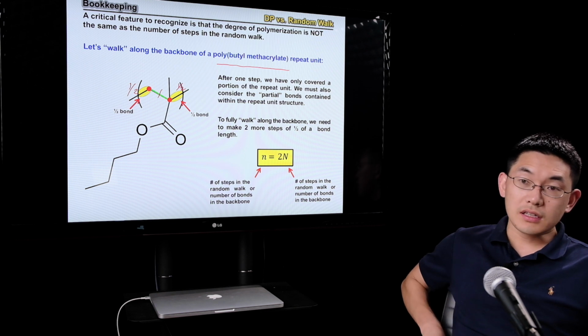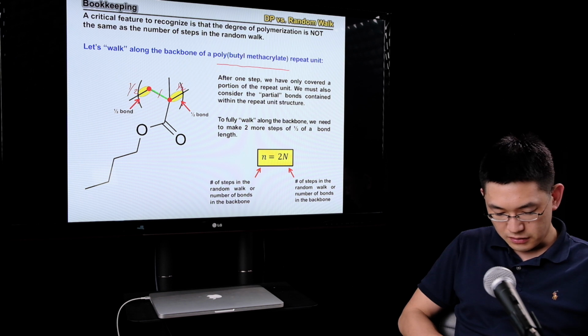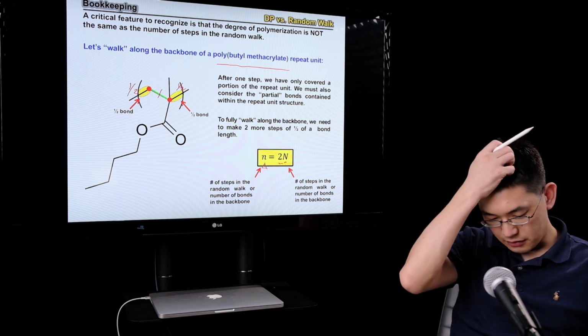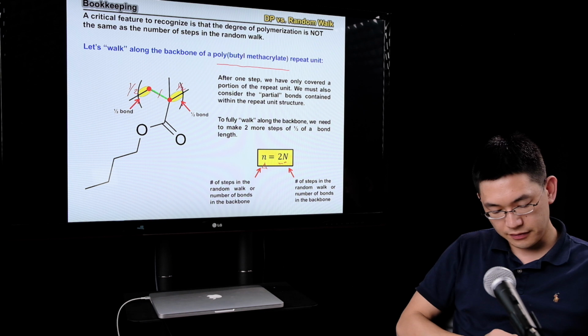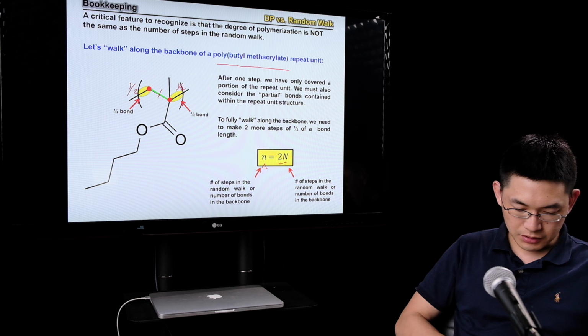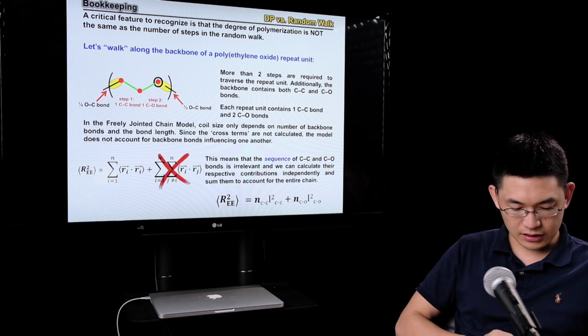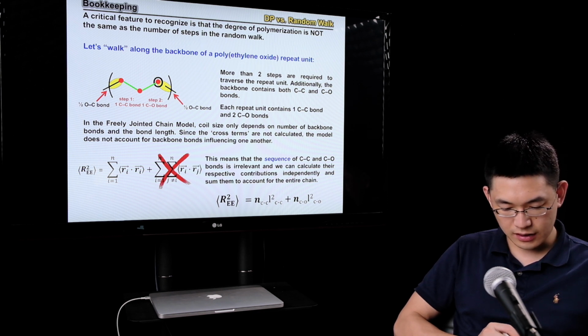Okay, so with that, we would be able to compute that the number of steps in the random walk will be twice the degree of polymerization. This would be the case if each repeating unit has 2 carbon bonds. If your repeating unit is different, which I will show in the next slide, if you have a polyethylene oxide chain in the backbone, then you would have 1 carbon-carbon bond and 2 carbon-oxygen bonds in this case.